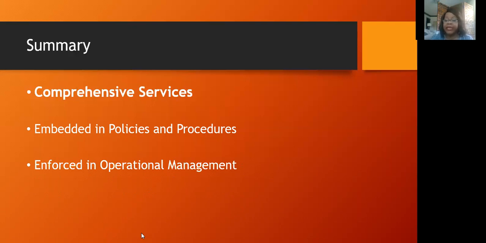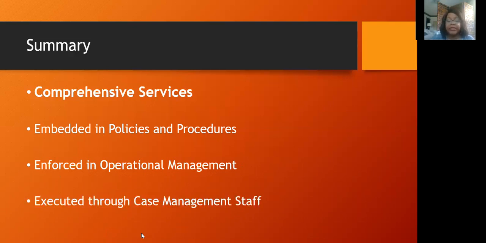And then the next piece is to ensure that it's enforced through your case management staff. And so again, remember, your case managers are your people who can either make or break your program. They actually set the reputation for your program.